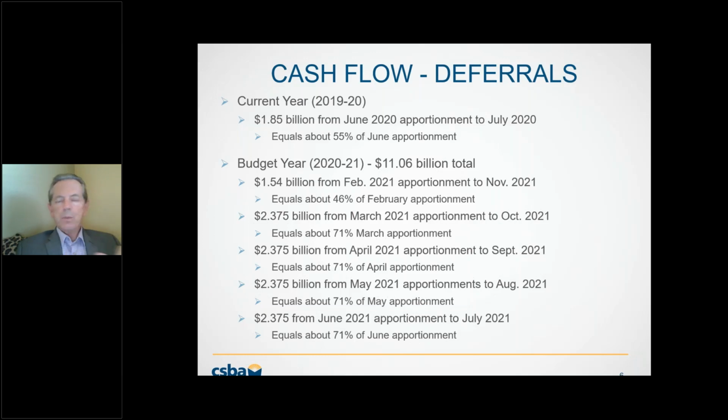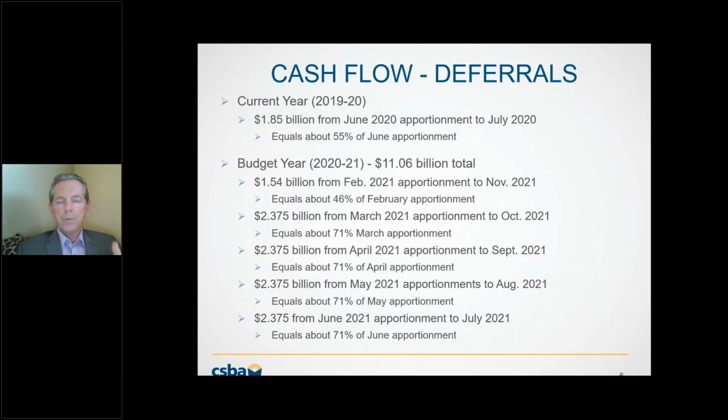One is it keeps your spending authority $11 billion higher than it would otherwise be, but then it creates cash flow issues, because you are now going to have your full year budget, but almost all of that second half of the year is going to be deferred repayment and reimbursement into the next fiscal year. So here's how this works.